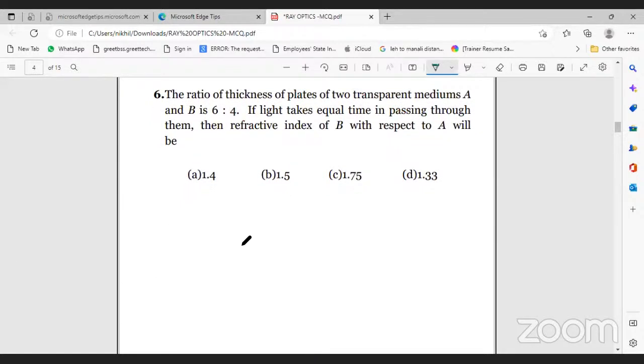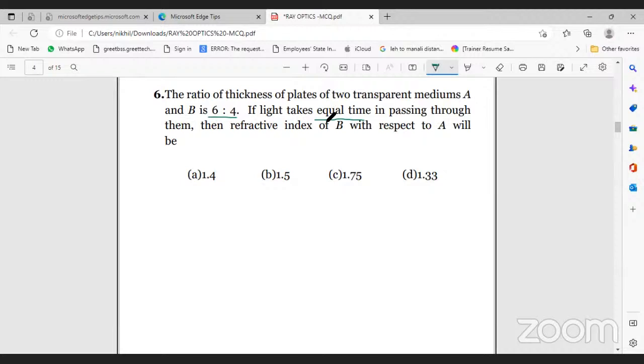Look at this. What is the ratio of the thickness of the two plates of the two mediums? Six is to 4. Correct, no? Yes, sir. 6 is to 4. The light takes equal time.